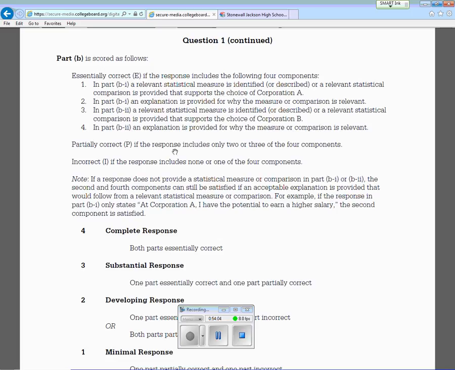Maybe? So, if you just said that you have a potential to earn a higher salary for part 1, and for part 2 you said, I would never get a raise or something like that, then that would give you 2 out of the 4 components. But guess what? 2 out of the 4 gives you a P. It's not bad. Okay? So give yourself an E, a P, or an I on part B for me.